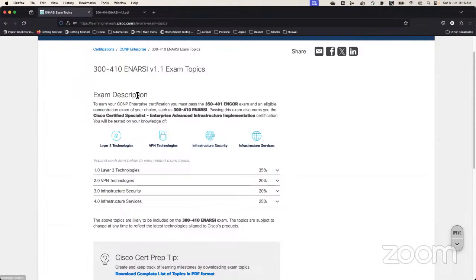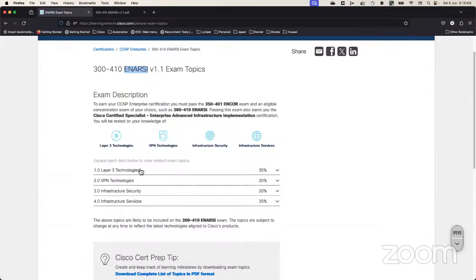Sometimes people get confused that NRC may stand for advanced routing and switching, but I wanted to clarify that this is nowhere talking about switching services, no layer 2 services. This is purely layer 3 advanced concepts about your routing and your infrastructure services and security part.